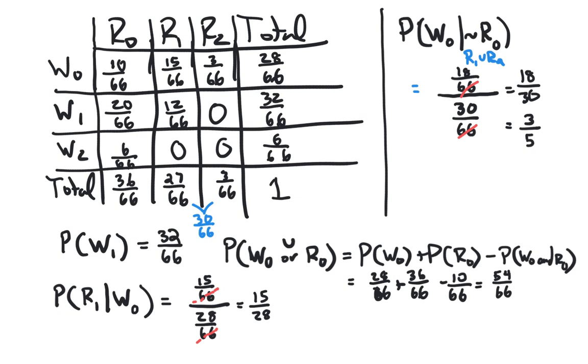So if you didn't draw 0 reds, the probability that you drew 0 whites is 3/5, or 60%, or 0.6, however you want to put it. So you can see, once you have the two-way table here, it's really, really easy to determine a probability.